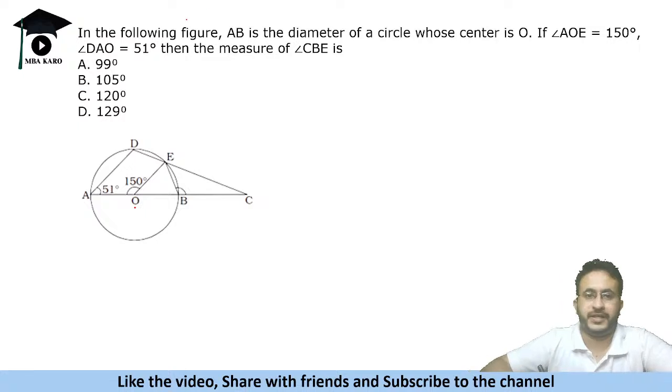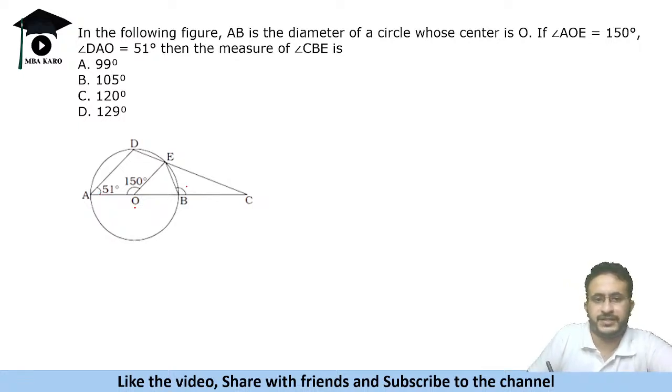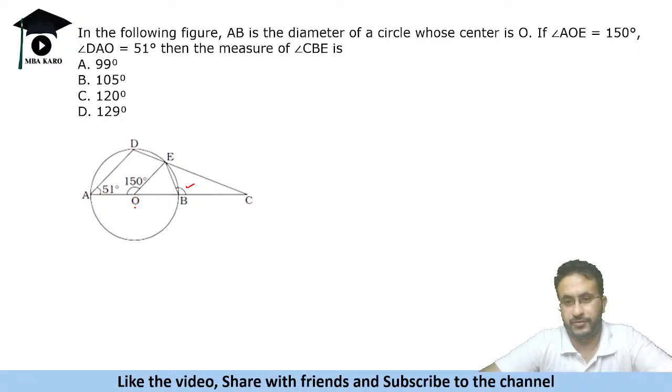So AB is the diameter, AOE is given as 150 and DAO is given as 51. We need to find angle CBE. This angle we need to find out.